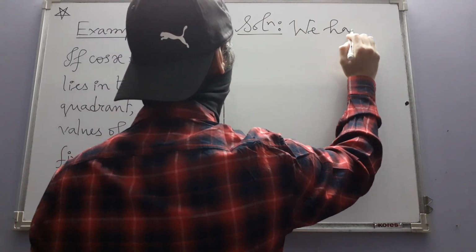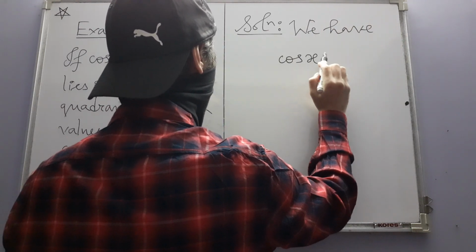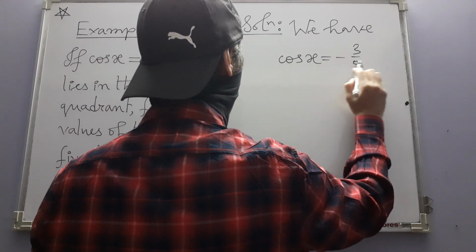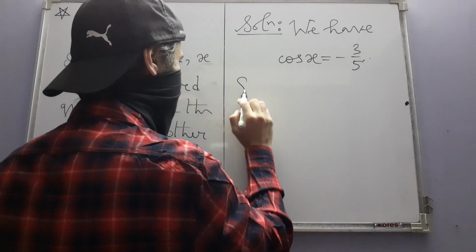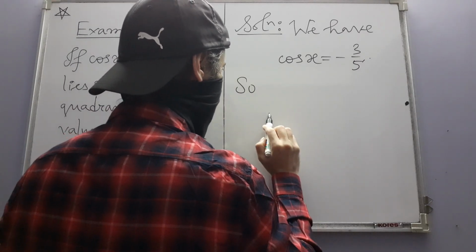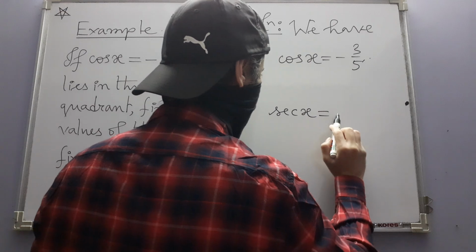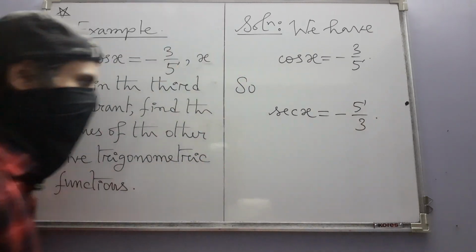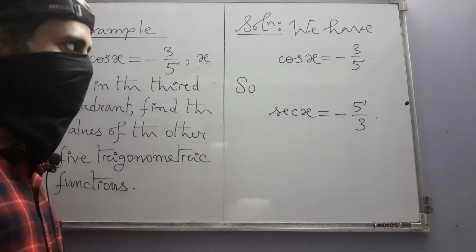We have cos x equal to minus 3 over 5. So secant x is immediately minus 5 over 3. Now you have found secant x.